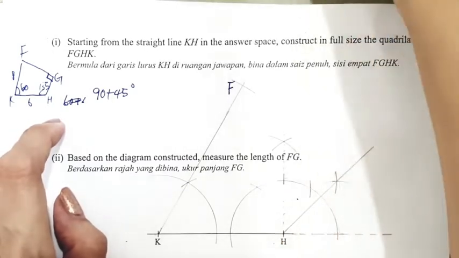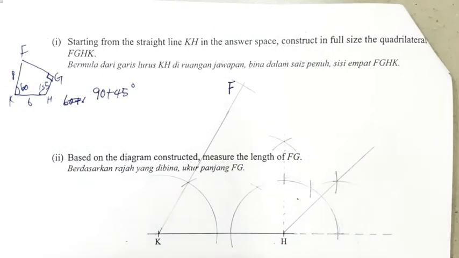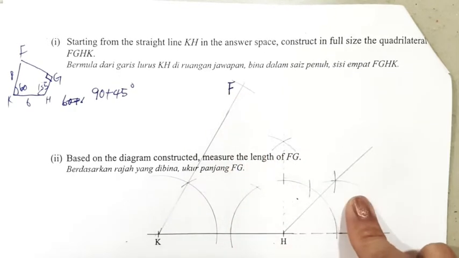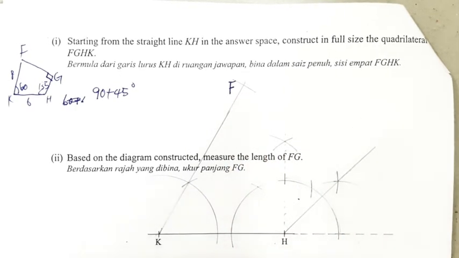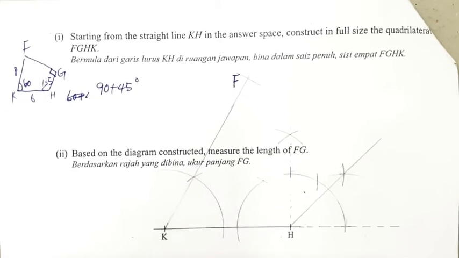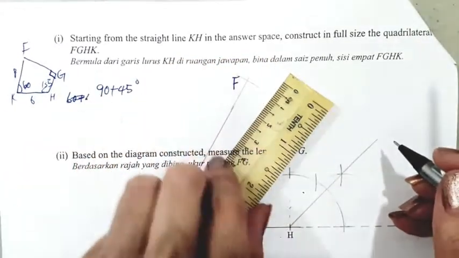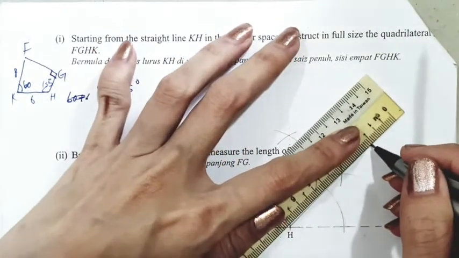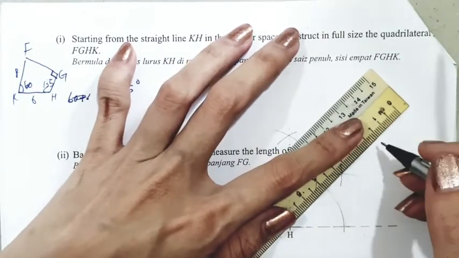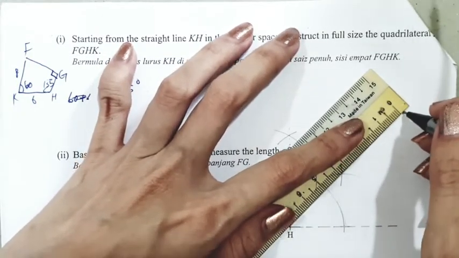That means we have to create a perpendicular line passing through a point not on the straight line. So what do we do? So you can refer to the video clip on how to construct this one under the title Construct a Perpendicular Line Passing Through a Point Not on the Line Given.